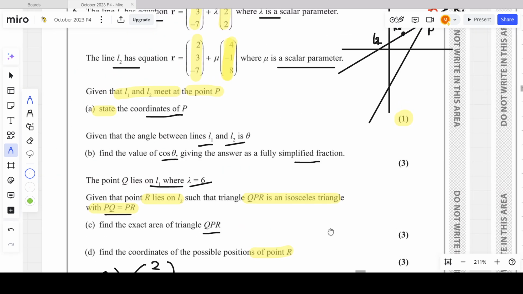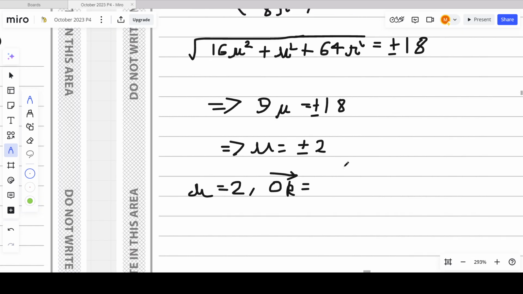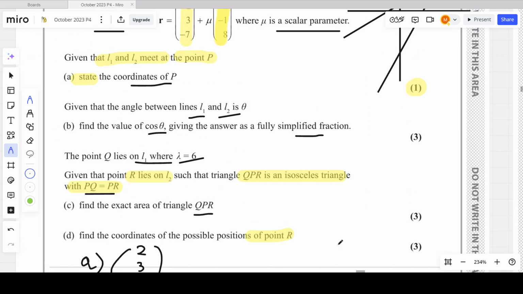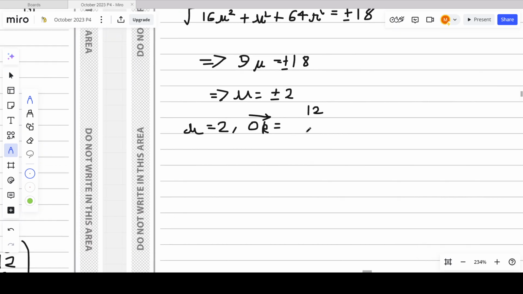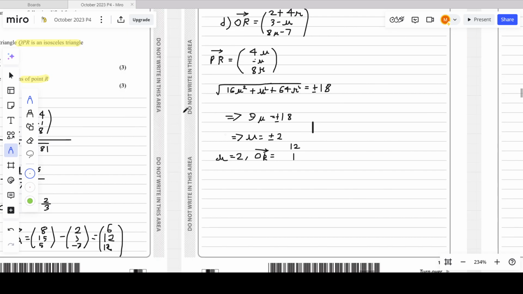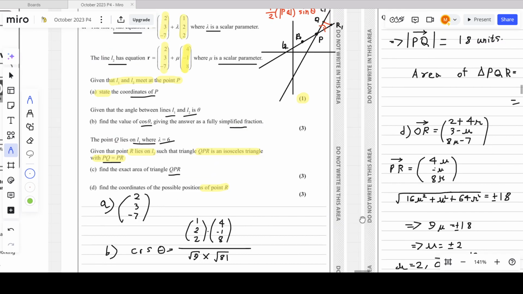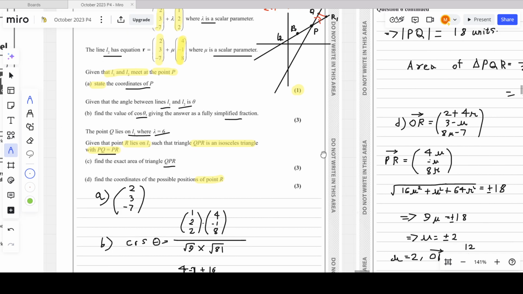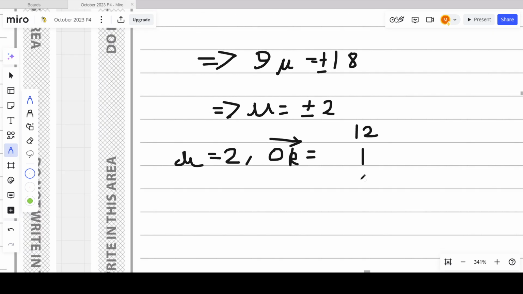So OR would be 2 plus 8, that is 12, then 3 minus 2, that is 1, and then negative 7 plus 16, that is plus 9. So 12, 1, 9 is one possible position.